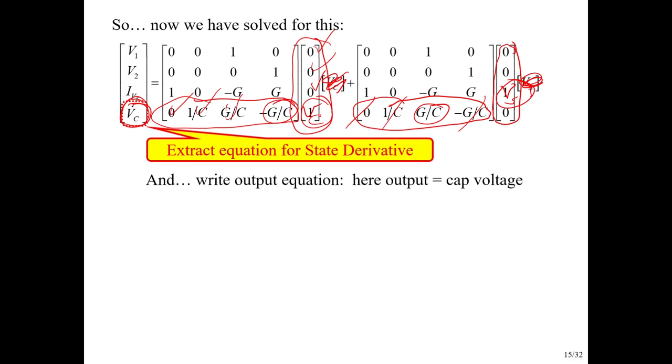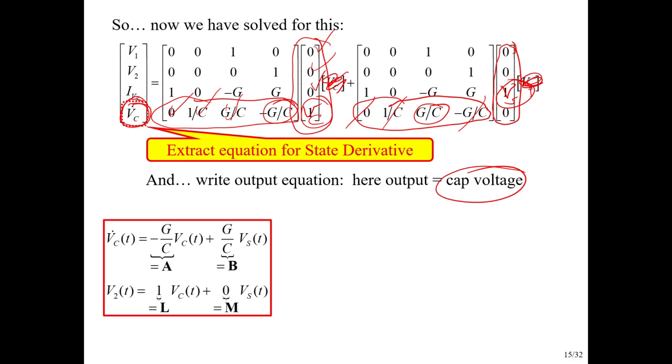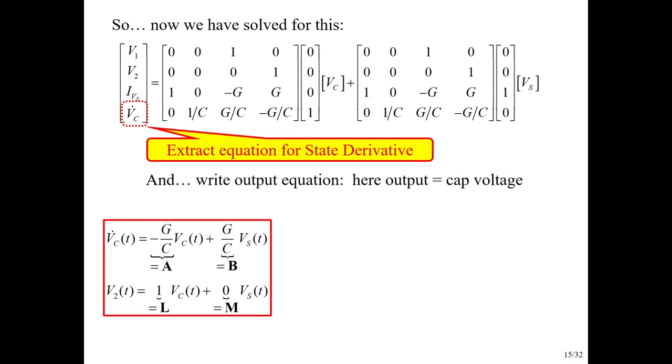So just one term. And then we write out, in general, the output equation. But here, remember, the output was the cap voltage. So we hardly need an explicit output equation, but we'll write it out. Here are our forms. Vc dot of t is equal to just this thing here.